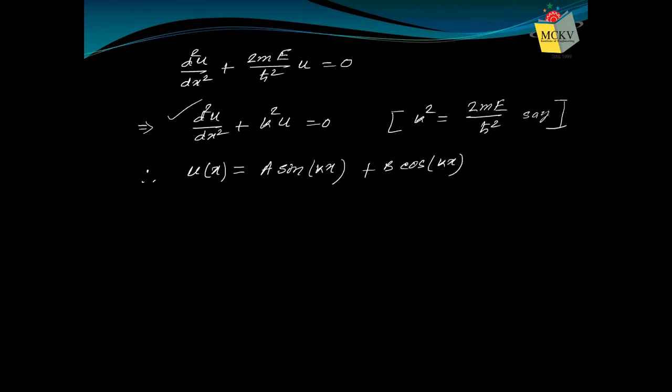So this is the solution, but we cannot use it yet. Why? Because we do not know these values. We do not know a, we do not know b. These are constants taken. We do not know k. Why? Because in the expression of k, if I ask you the value of m, you will tell me, okay, if it is an electron, then its mass is this. h cut, you know. What about energy? How can I say the energy of that particle?